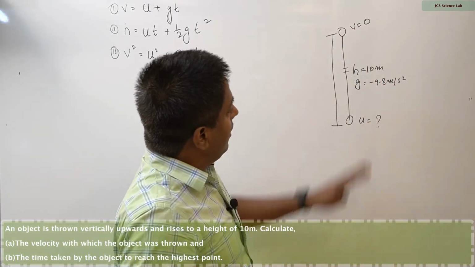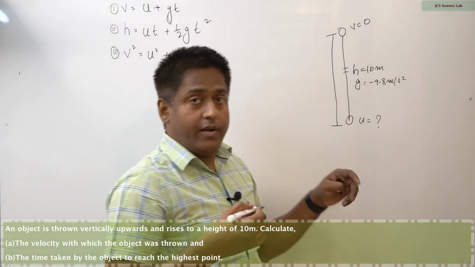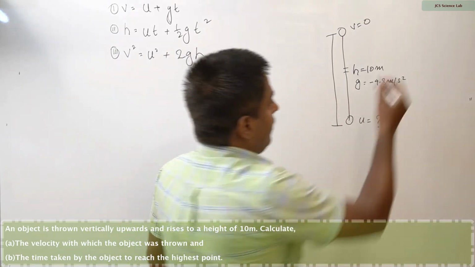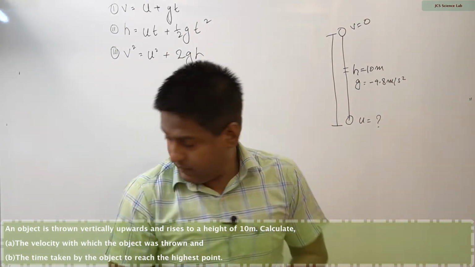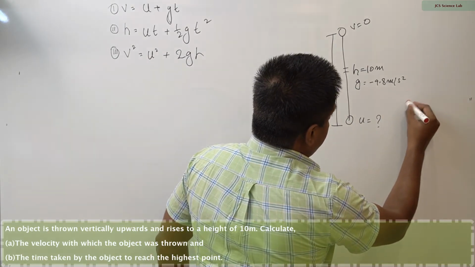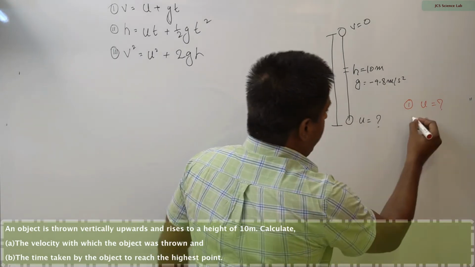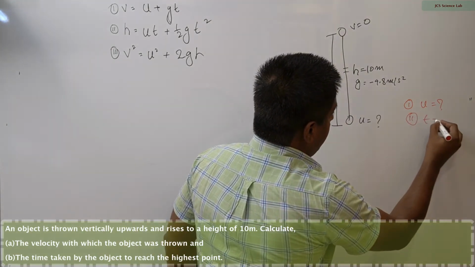Very simple. You need to find out U. Time is not given, so we need to find out time as well. So two things we need to find out: the velocity with which it was thrown, and time.